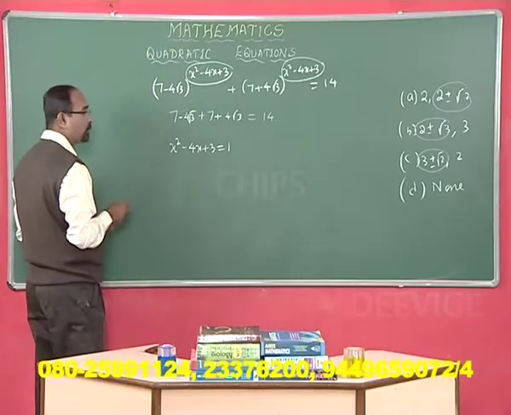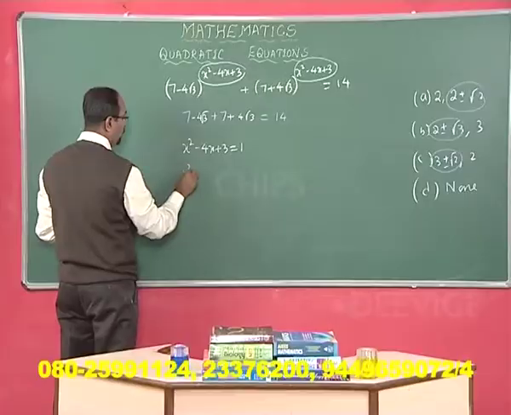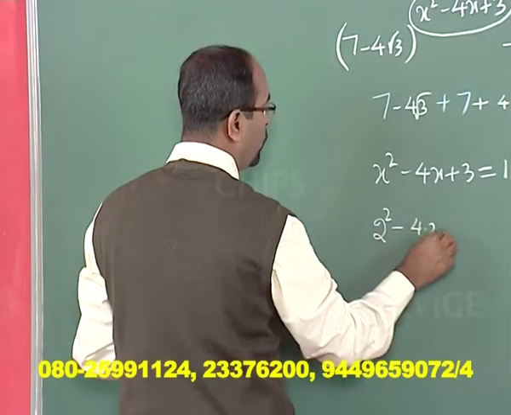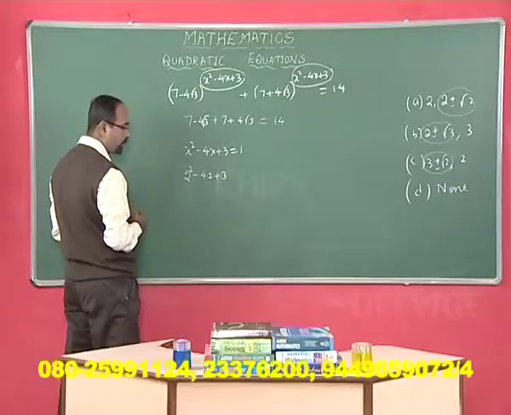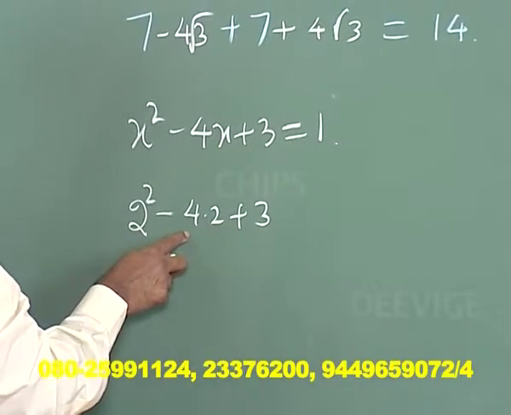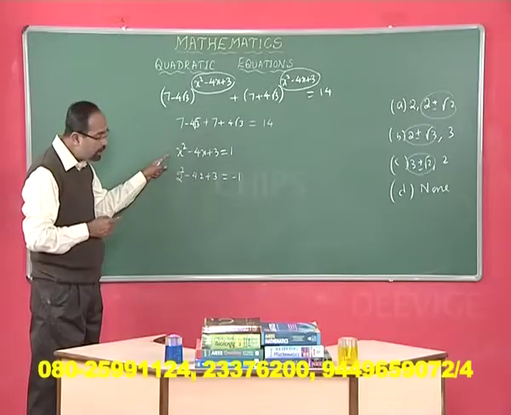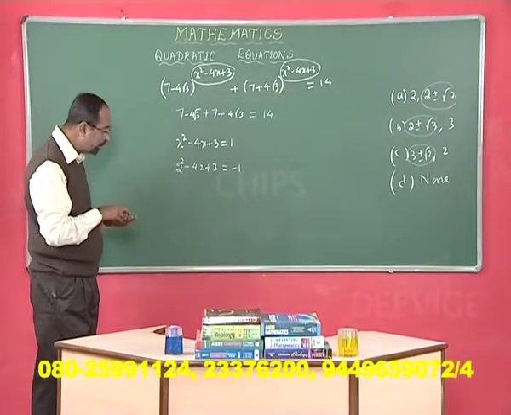Let us put x is equal to 2. What will you get? 2 square minus 4 into 2 plus 3. What is this? 2 square is 4, 4 plus 3 is 7, 7 minus 8 is equal to minus 1. But we must get it as 1. But what is happening here?